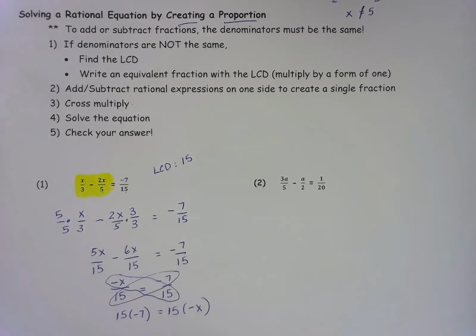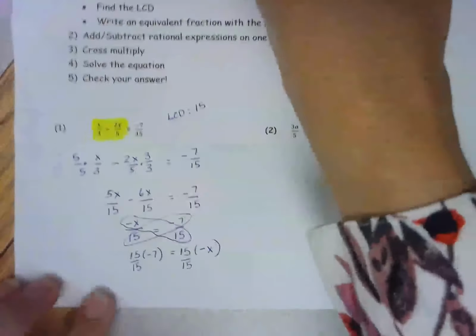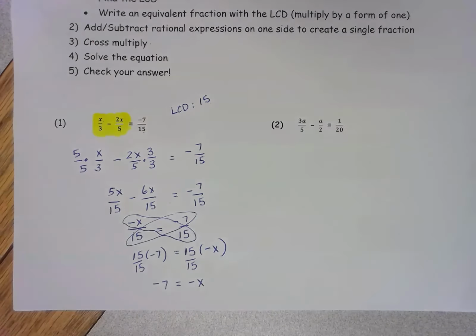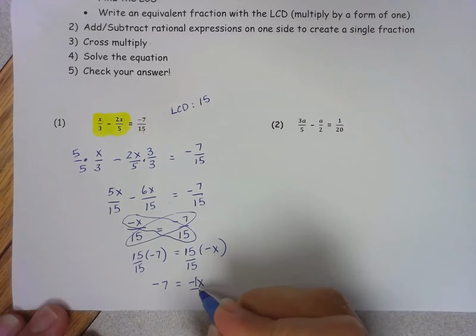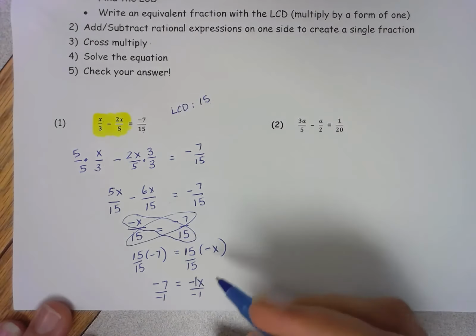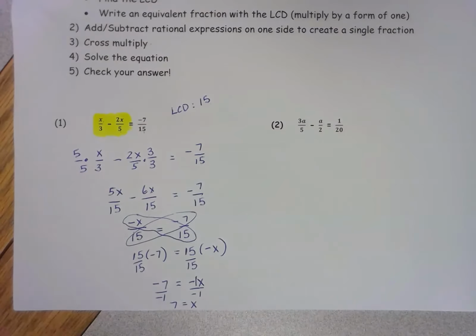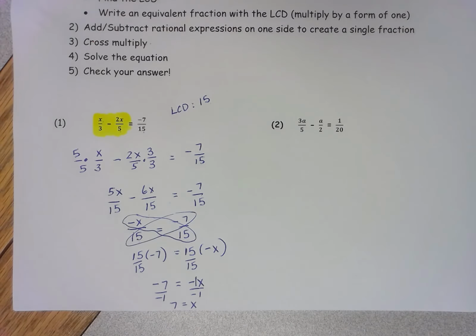Since both of these have a 15, I could divide by 15 on each side, division property of equality. I have -7 equals -x. To solve for x, this is the same as multiplying by -1. I'm going to divide by -1, and -7 divided by -1 is 7, so 7 equals x. And make sure you substitute it in here to see if it works. That's a great calculator one to try out.